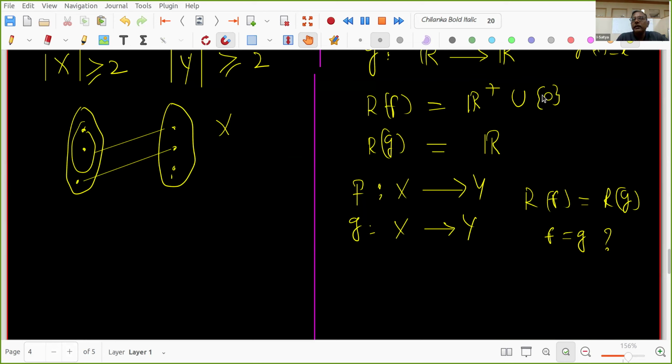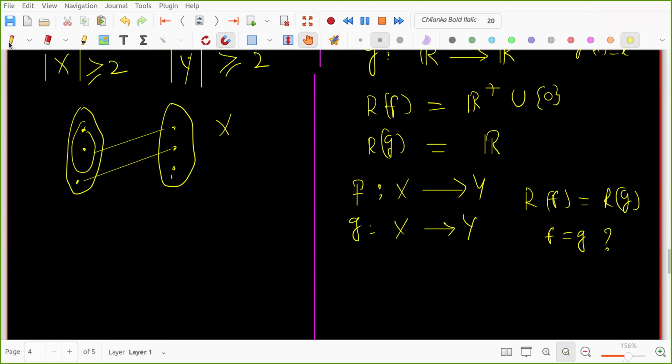Jasmine Kaur. Sir, I don't have an example, but I am thinking that there exists some element where they are not equal. You are telling they are not equal, but you do not have an example. That's fine. Kunal, do you have any example?